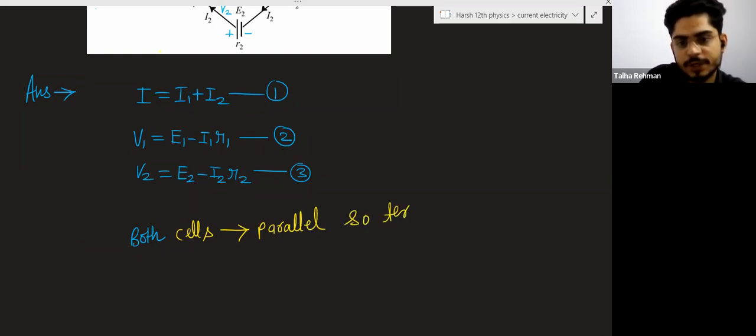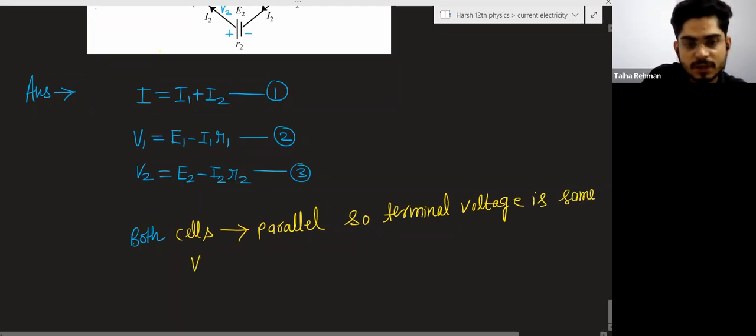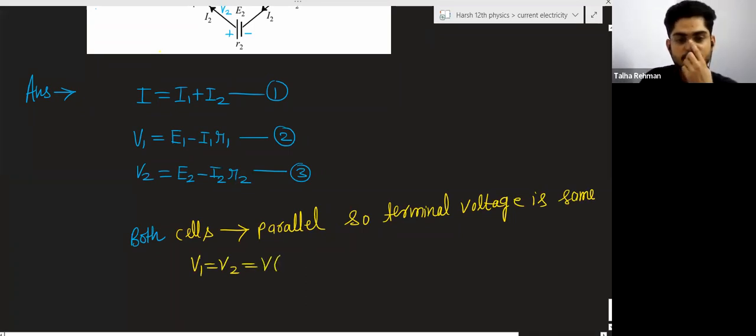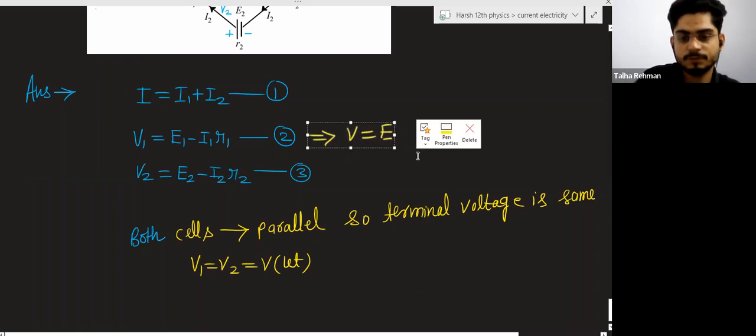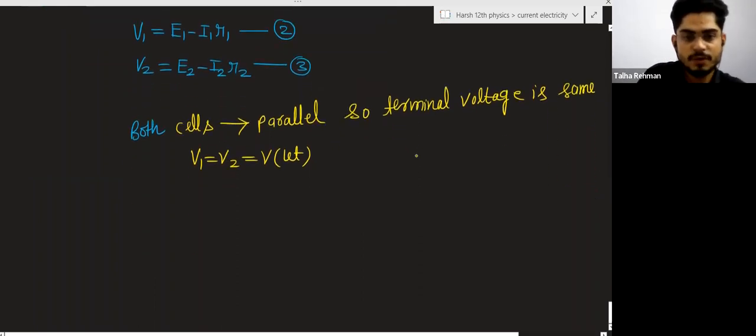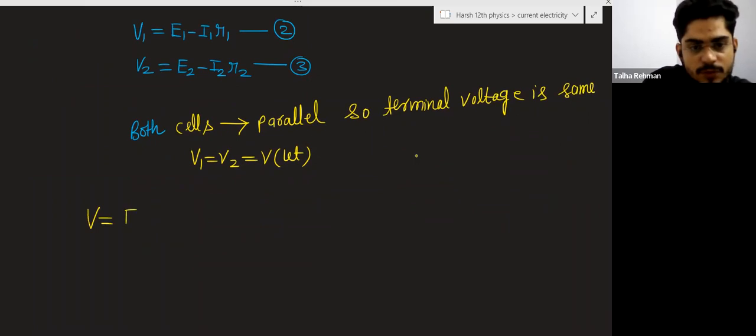So terminal voltage is same. Terminal voltage is same means V1 is equal to V2, and let's say this is V. So now we have the equation V is equal to E1 minus I1 into R1.